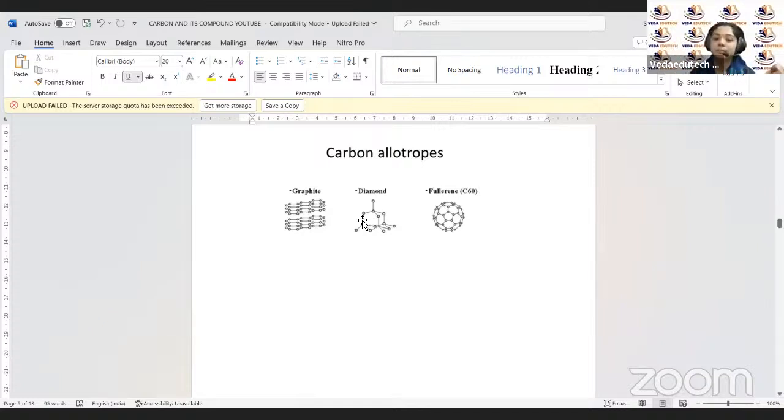Then diamond, and there's graphite. We can call this fullerene, or Buckminster fullerene, or carbon 60, C60. Why am I calling it C60? Because it has 60 carbons in it.